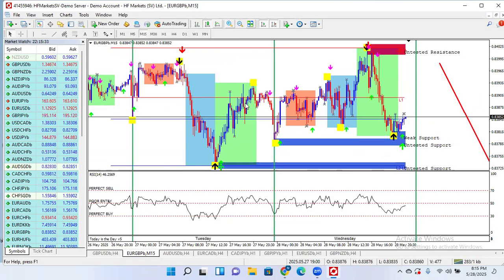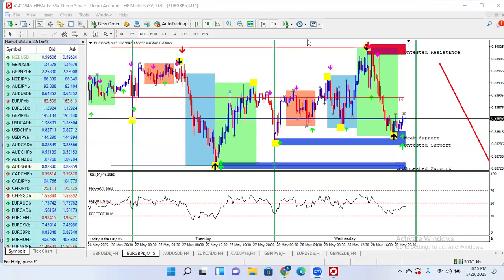But if you want to add these sessions we are seeing and this day separator, what we are going to do is just go to MQL5.com.